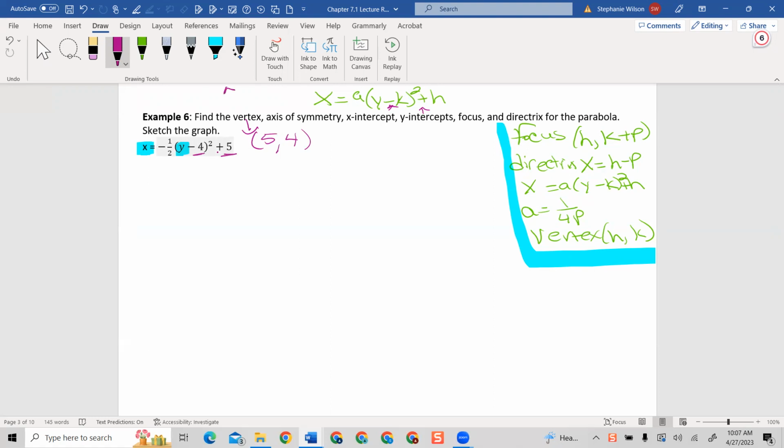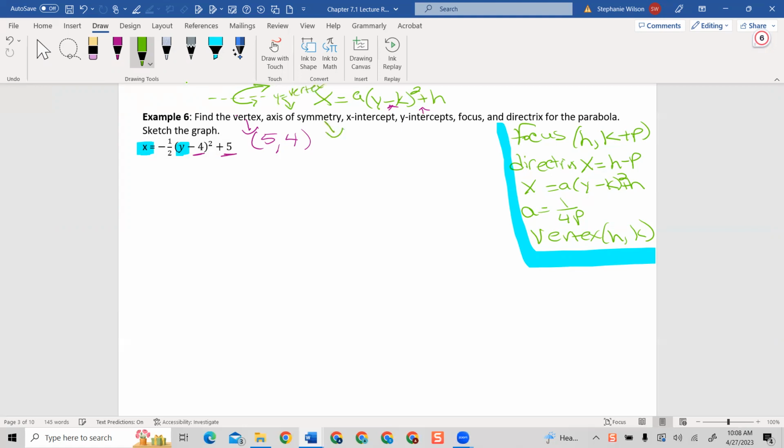Remember, I told y'all earlier that if we had a parabola that opens upward or downward, it splits it in half, and it was the x value of the vertex for the axis of symmetry. But now we have a parabola that opens to the side. So if it opens to the side, the y value becomes the axis of symmetry, the y value from the vertex.